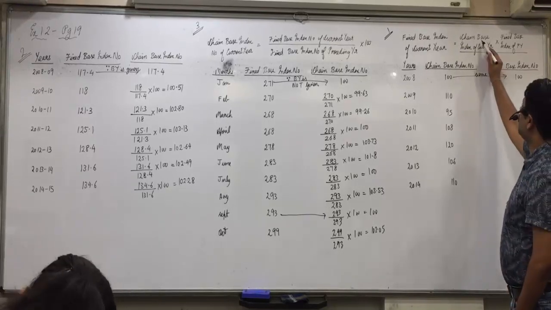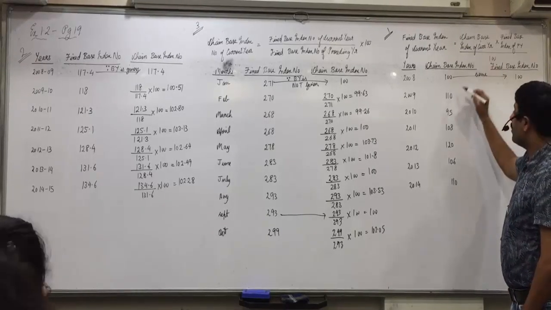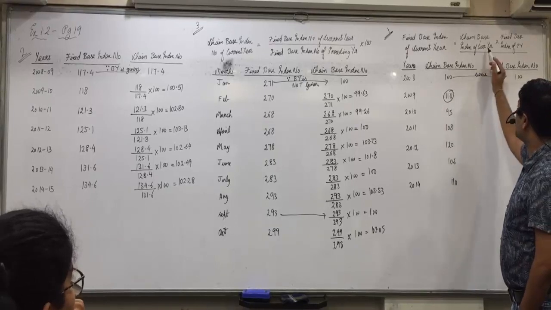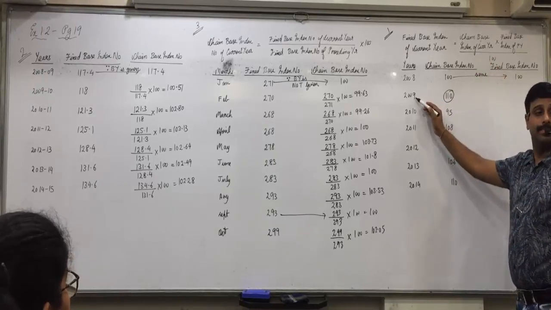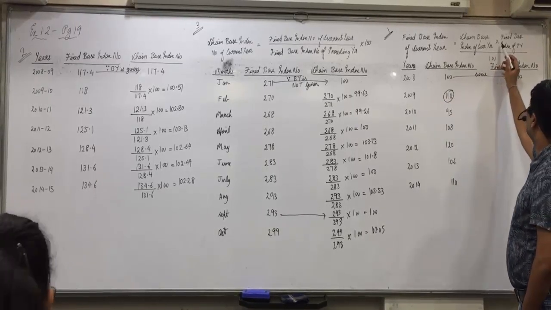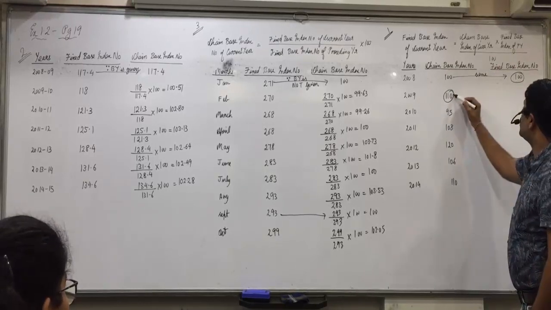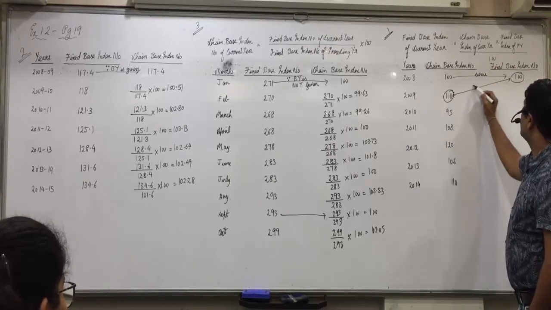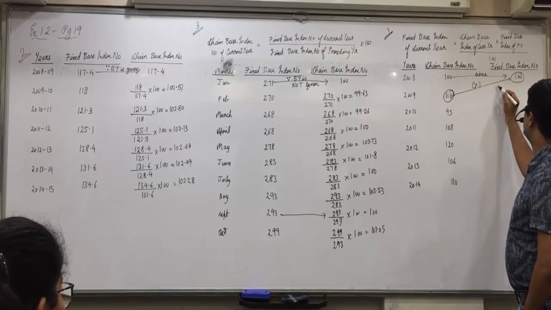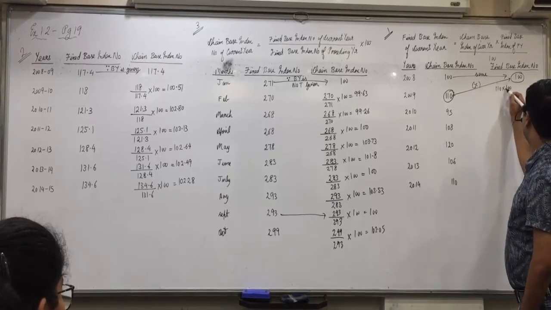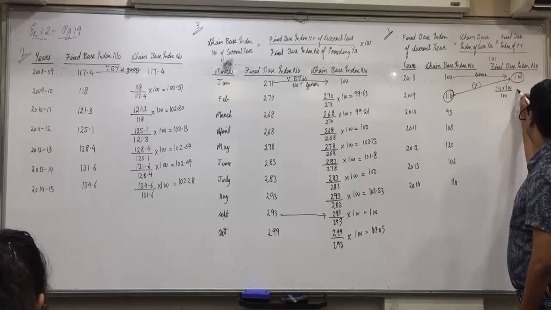Now, chain base index number of current year. Be attentive. There is a chain base index number of current year into this one. This you will cross multiply, and then you will divide by 100. Means 110 into 100 divided by 100, that is 110.